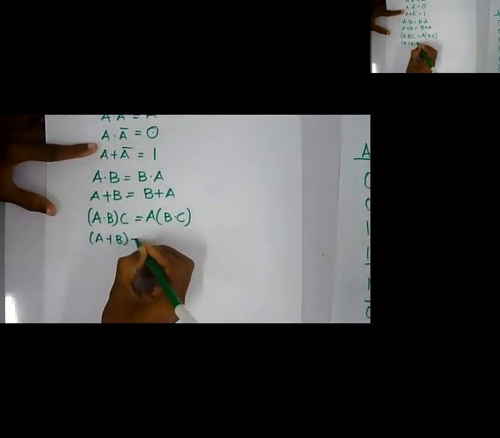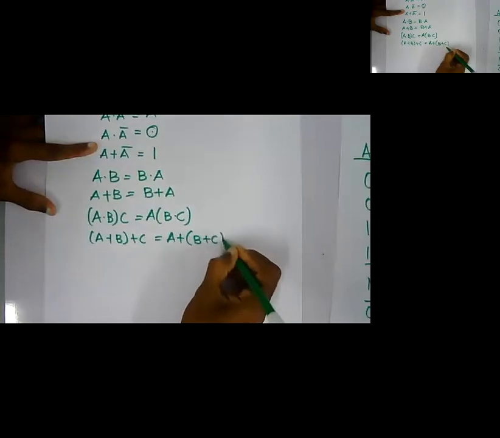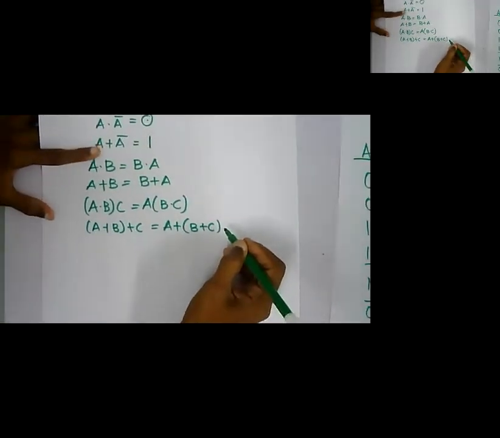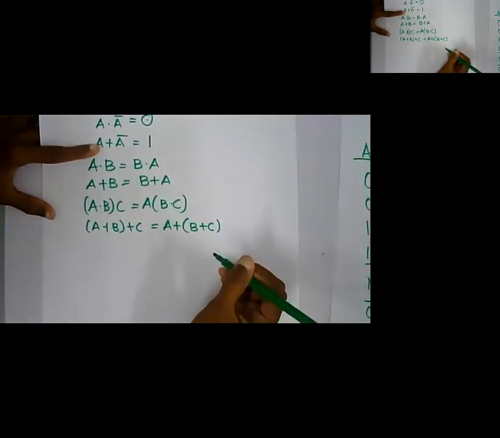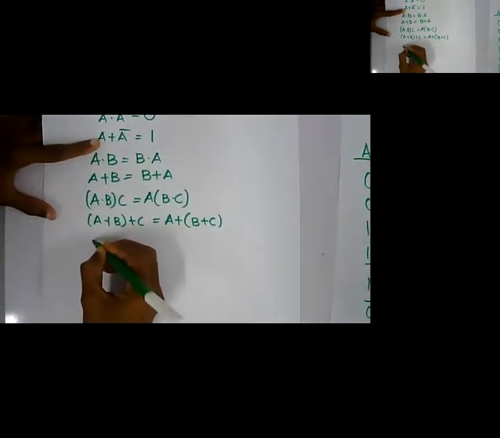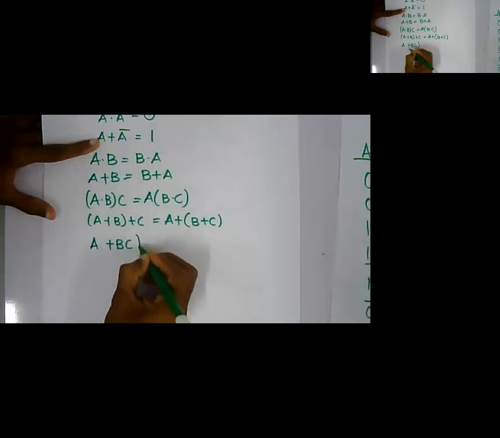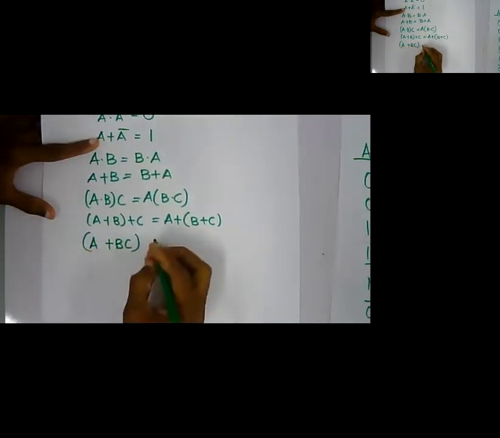This is correct the other way around as well: a plus b plus c is equal to a plus b plus c. And the distributive law is also correct. I can say that a plus bc, remember, I can write as a plus b and a plus c.